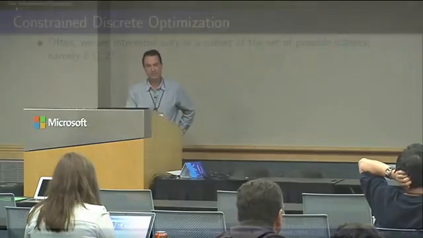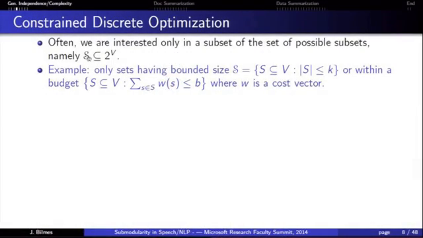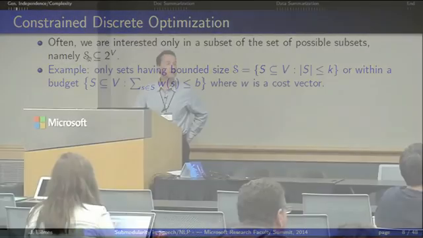Now, another form of optimization is when you add discrete constraints. So here, let's say we're only interested in a feasible set of possible subsets. So script S is the feasible set. And what are some possible feasible sets? Well, they might be of the form of cardinality constraints. So we're only interested in sets of a given size. Or maybe we're only interested in sets of a given cost, where W is some cost vector which measures the cost of each individual element in the set.